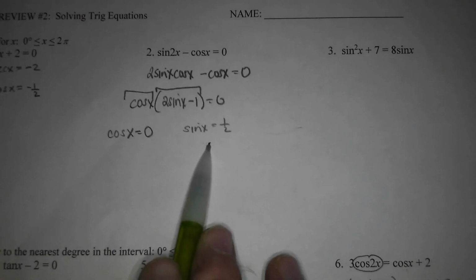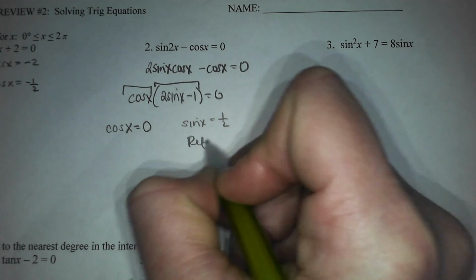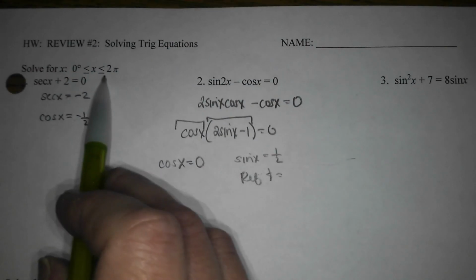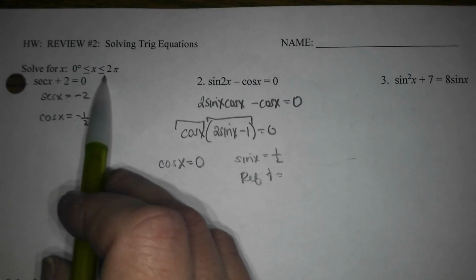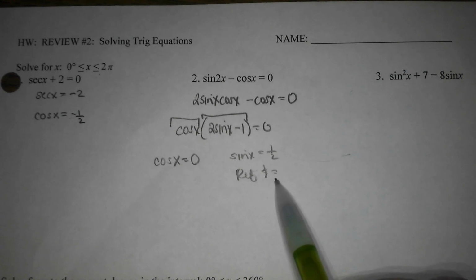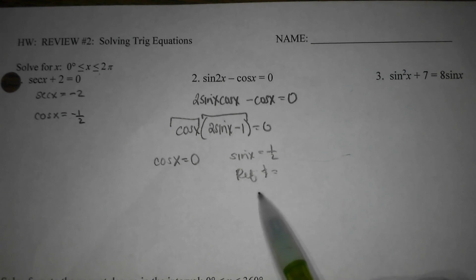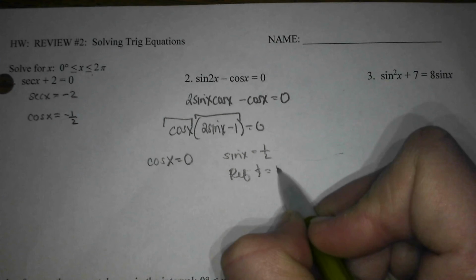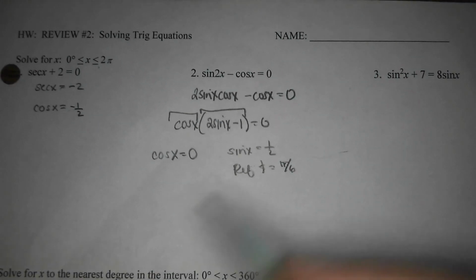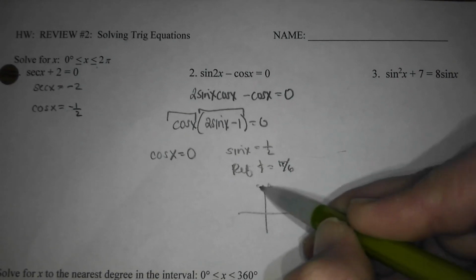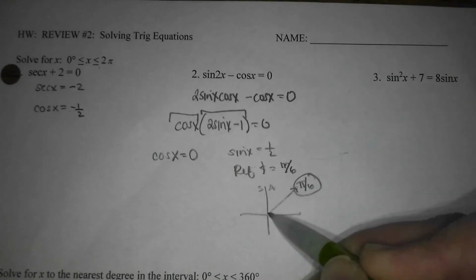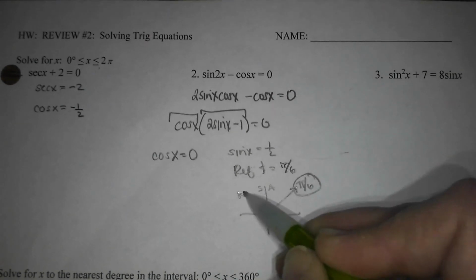For this second one, I would come up with a reference angle. And by the way, just so we're reviewing, this is radians. So if you do it on your calculator, you're going to get 30 degrees, which is how many radians? Pi over 6. So your reference angle is pi over 6. And sine is positive in quadrants 1 and 2. So the first quadrant angle is pi over 6. What's the second quadrant angle?